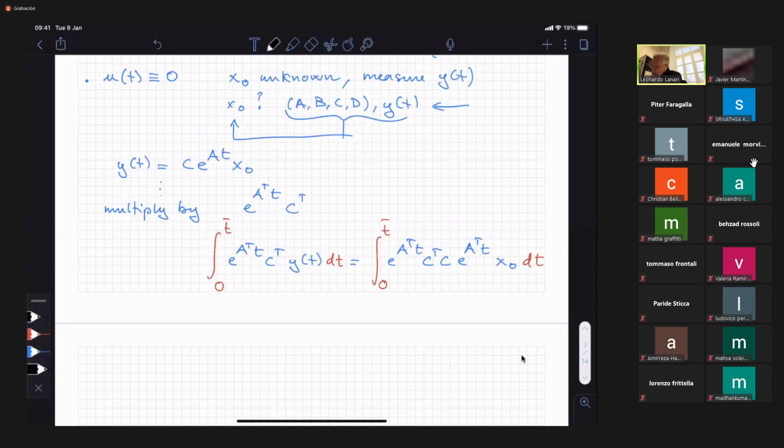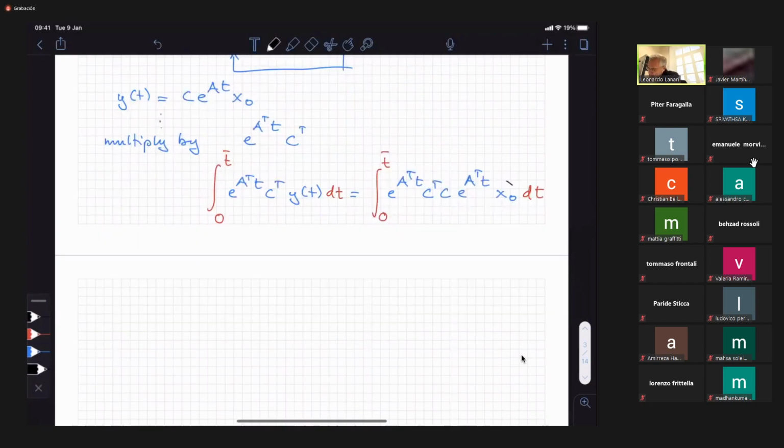What happens is that x0 is constant. Okay, so we can take out x0 from this integral. And what remains here is something that we can write as the integral from 0 to T bar of e to the A transpose t C transpose C e to the At dt times x0.